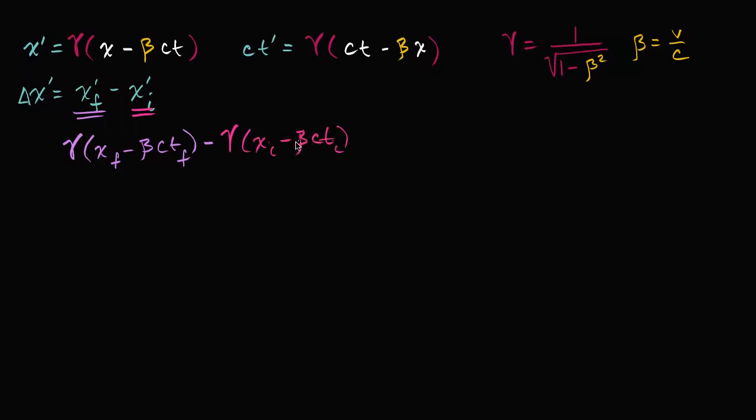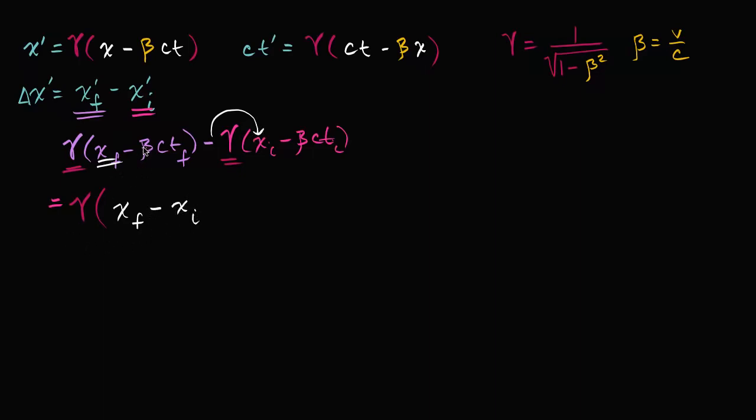So now let's see, we can factor out the gamma. So this is going to be equal to gamma times, we're going to have x final, and then if we distribute this negative sign, minus x initial.